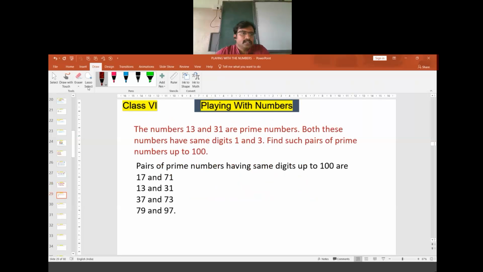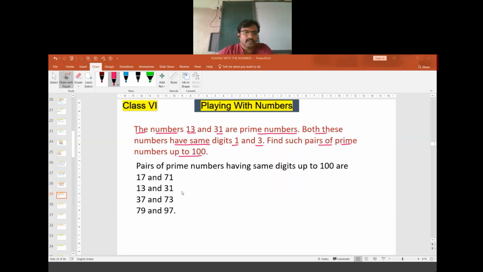Look at a concept here. The numbers 13 and 31 are prime numbers. Both these numbers have the same digits 1 and 3. Such pairs you have to find among the prime numbers up to 100.